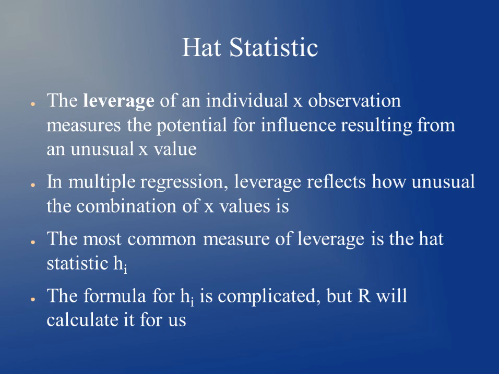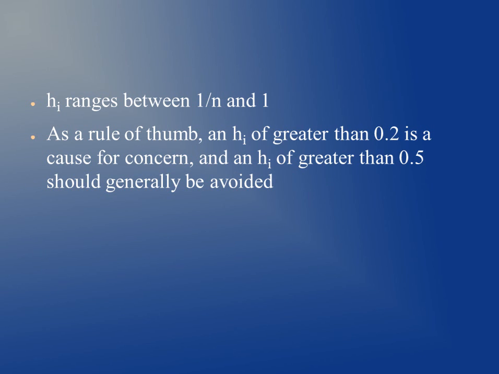The formula for the hat statistic is complicated, but R calculates this for us, so we don't have to deal with all of that computation. So H_i ranges between 1/n and 1. Greater values of H indicate that there could be a concern.